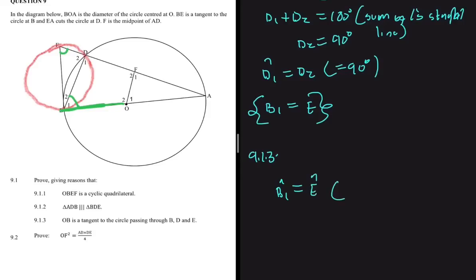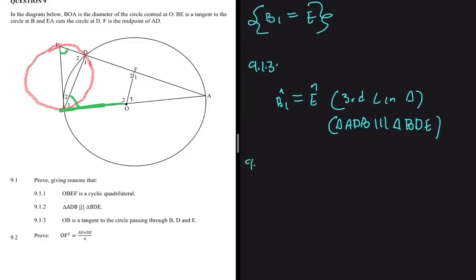Because of the third angle in a triangle, right? The third angles in a triangle should be equal to each other if the other two are equal to each other. And where is the privilege to say that coming from? It's coming from the fact that triangle ADB is clearly similar to triangle BDE, like we just proved.